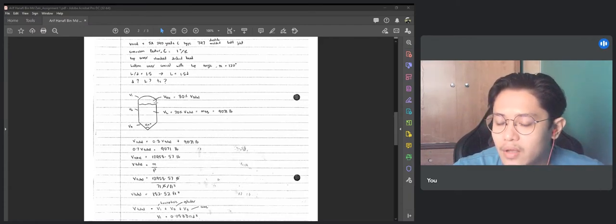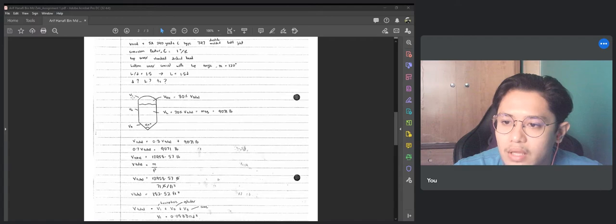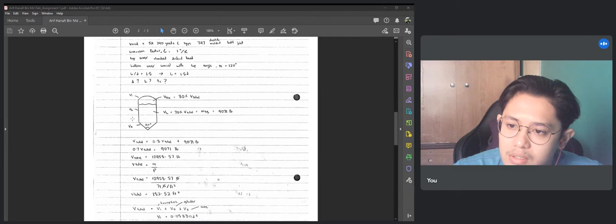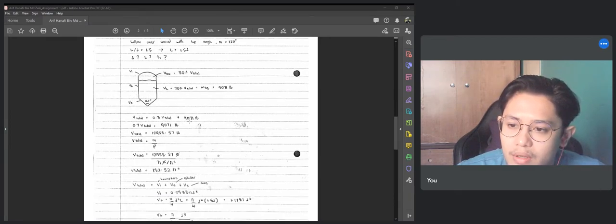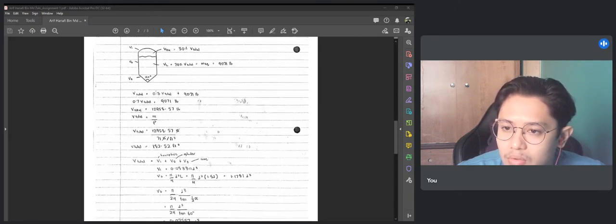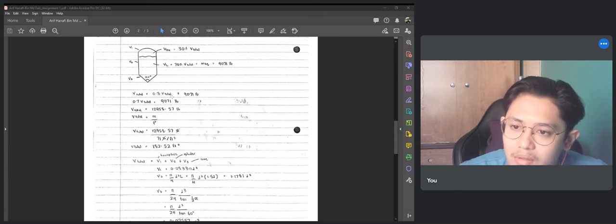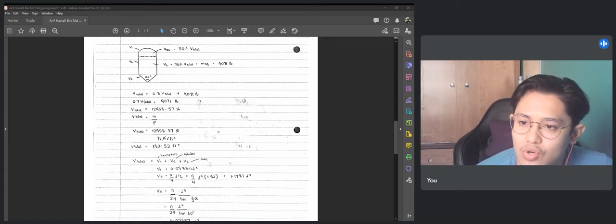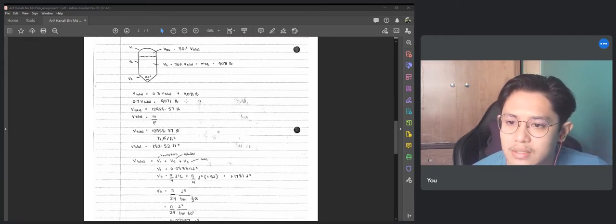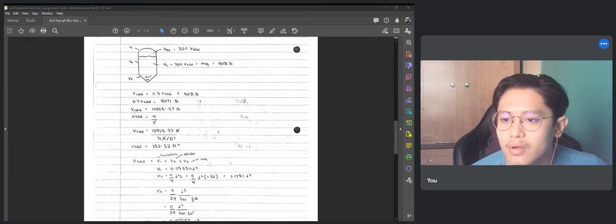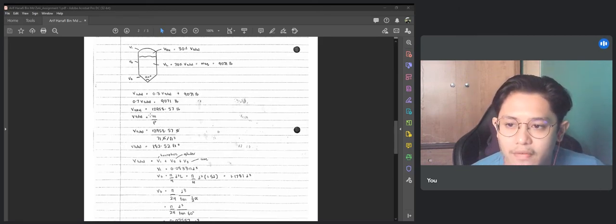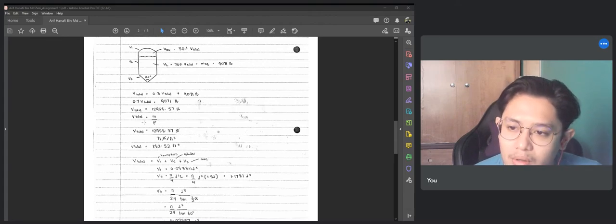I have divided the tank into 3 parts: volume 1 is the hemisphere, volume 2 is the cylinder, and volume 3 is the cone shape. The first thing we need to calculate is the volume total of the tank. The volume total is equal to 0.3 volume total plus 9071 pound. Then we will get volume total equal to 12958.57 pound.